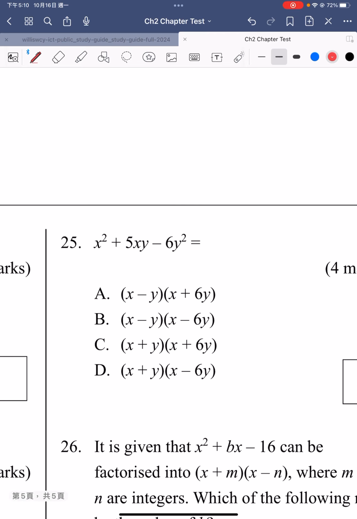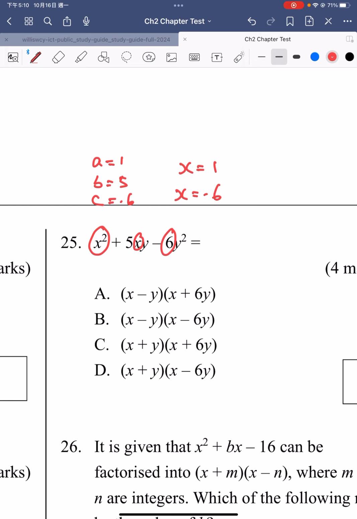So for question 25, in this one we have something x squared, something x, something without x, right? So we can just use the calculator, a equals 1, b equals 5, c equals negative 6. Then using the calculator, you get x is equal to 1 and x is equal to negative 6.